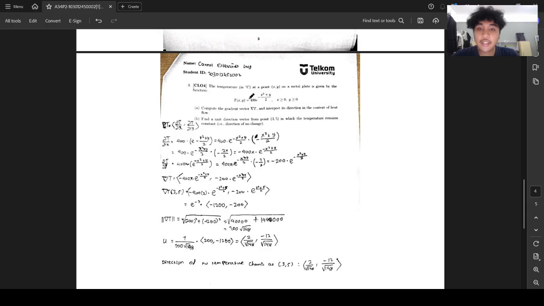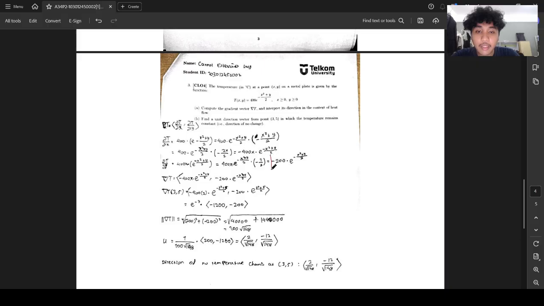So here the first problem, we need to find the gradient of this value, and the second one we need to find the unit direction from the point 3.5, in which the temperature remains constant. To find the gradient we need to find the fx and the fy first. So here we derivate this function with respect to the x, and we're using the chain rule method to calculate this formula.